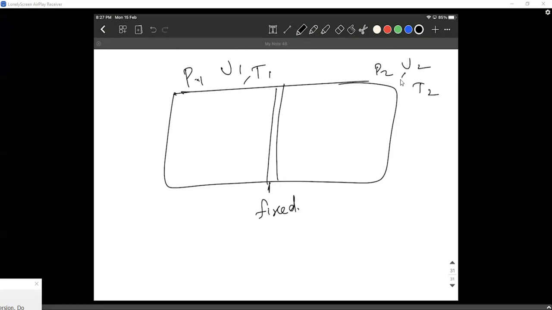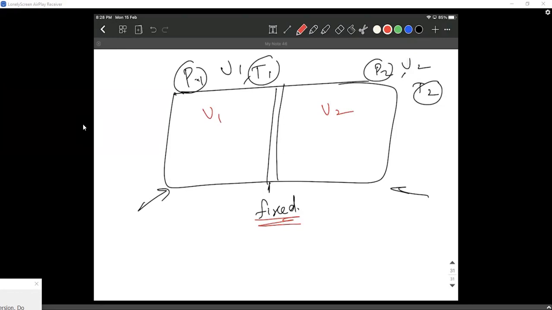Once they change the temperatures, it's the pressures that need to change, because the volumes cannot change. It is V1 and V2 only because it is fixed. So it's the pressures and temperatures that need to adjust. So there are different styles, guys. I can give you n number of models.